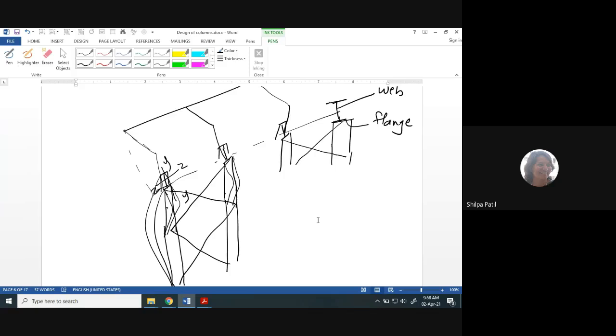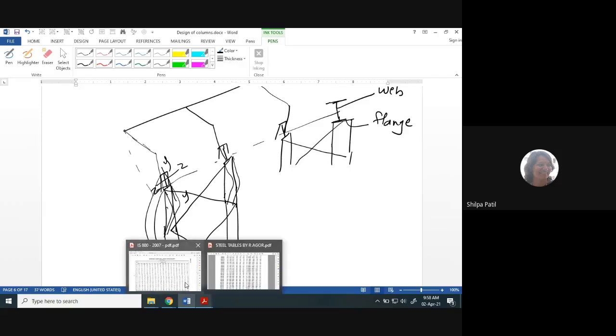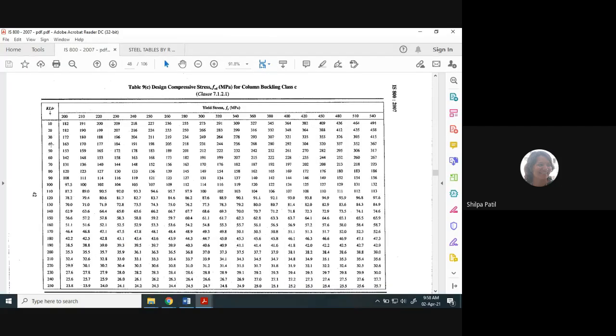When we considered the full height of the column, the slenderness ratio is around 52. If you consider the full length of 10 meter, it will be much lesser than that. And if you look into these tables of IS 800, if your value is say between 30 to 40, you can just check what the FCD values are here. It is just 211, 198.